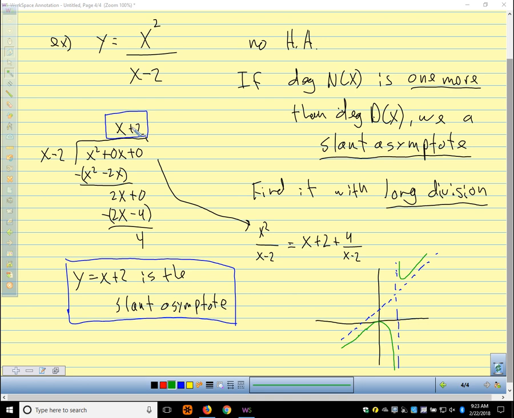And our function gets closer to a cubic function. So we can have all kinds of higher degree asymptotes where the function eventually behaves like a cubic or quartic or a quintic. So it's a kind of interesting thing, how rational functions can behave. All we're going to worry about is slant asymptotes. All right, questions? Okay.